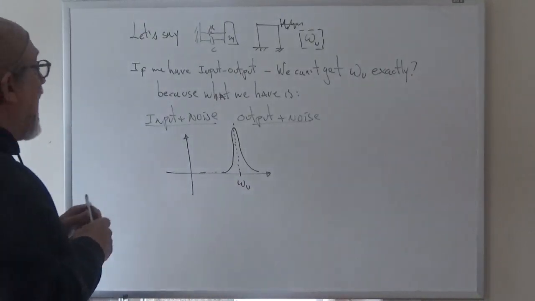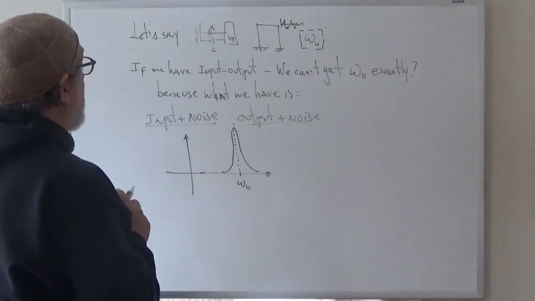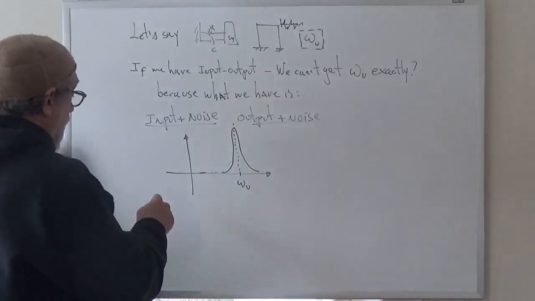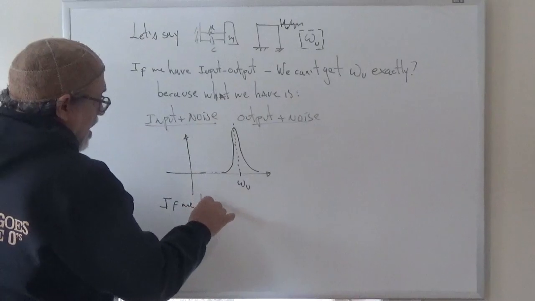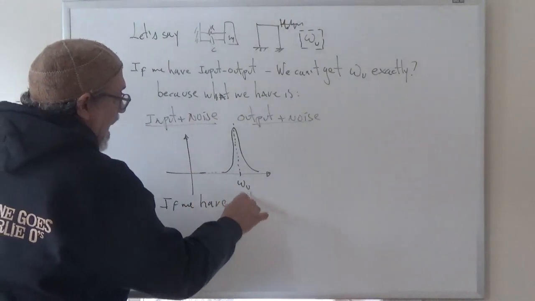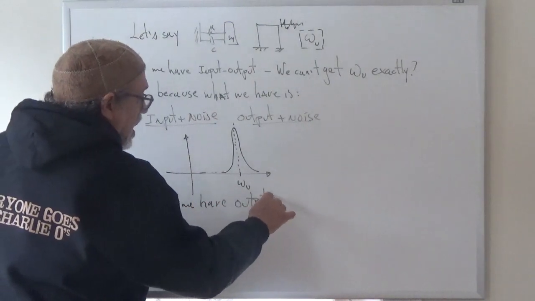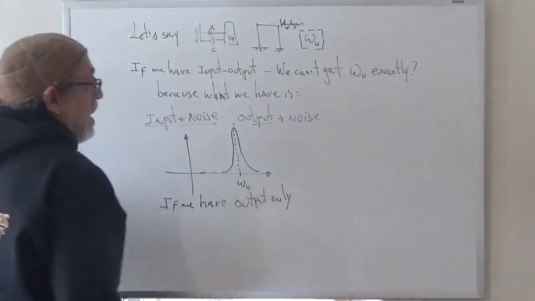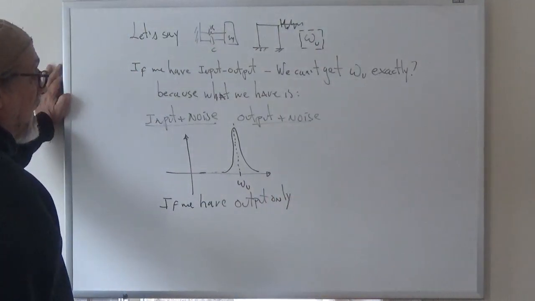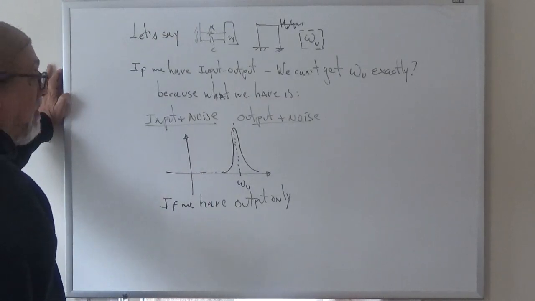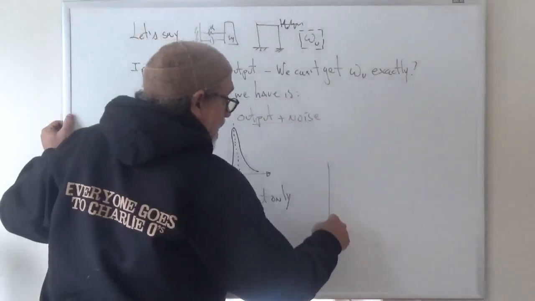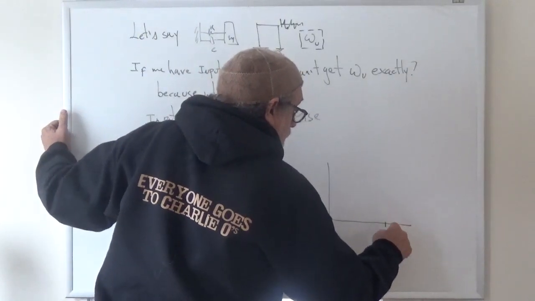Now, if instead of having input-output, we had only output, then of course the frequency that we will identify will also be a random variable, right?